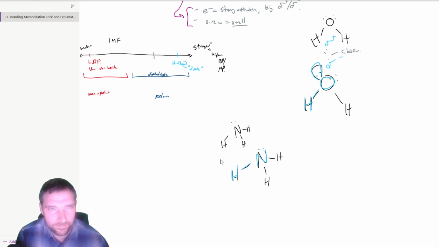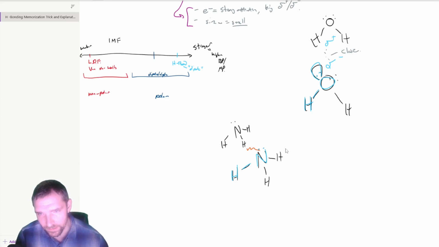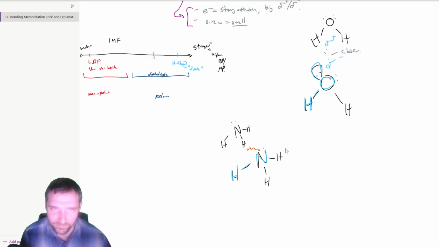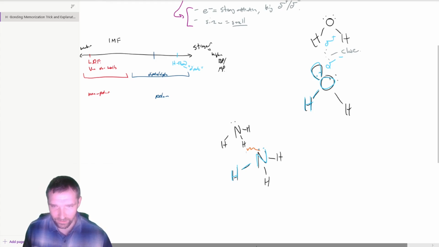There's got to be some interactions between the partial positive and the partial negative. So they can hydrogen bond with things that also can hydrogen bond, but it needs to be something else that also has a lone pair and a hydrogen on it. So you can have non-polar things present, but they're not going to be hydrogen bonding with this.